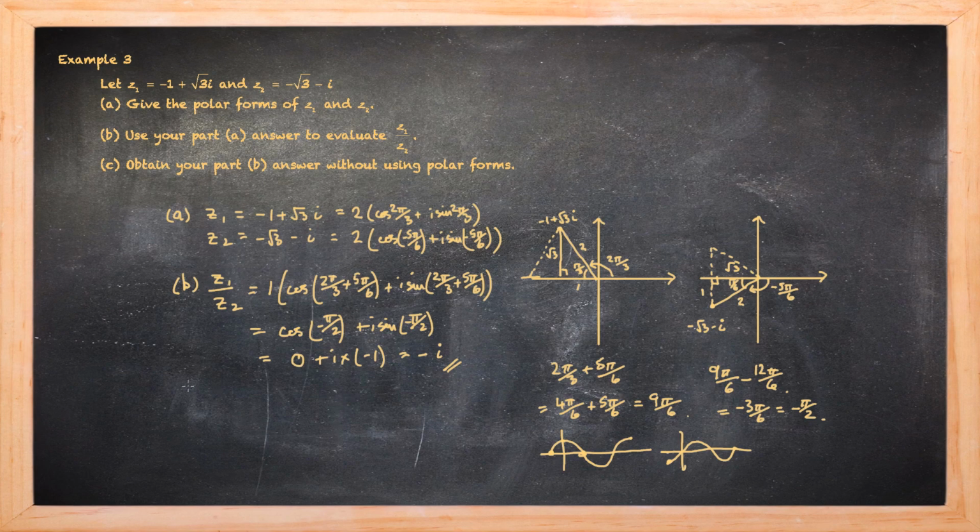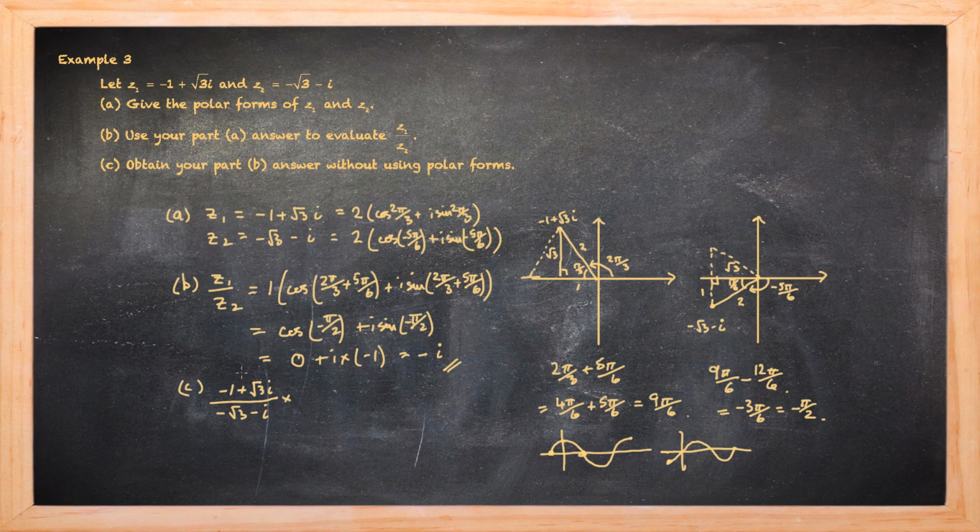Now we're asked in part C to find an alternative way of doing this without going through the polar form. So let's look at this division. It's negative 1 plus root 3i over negative root 3 minus i.